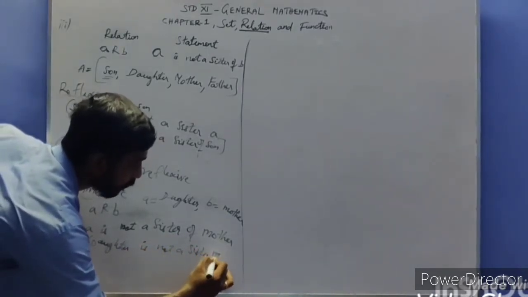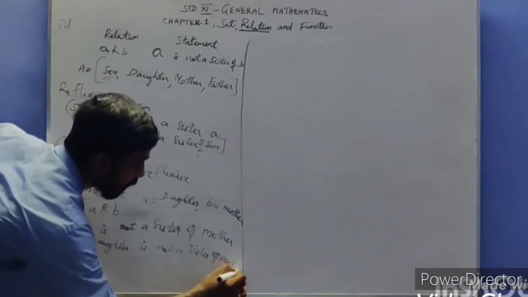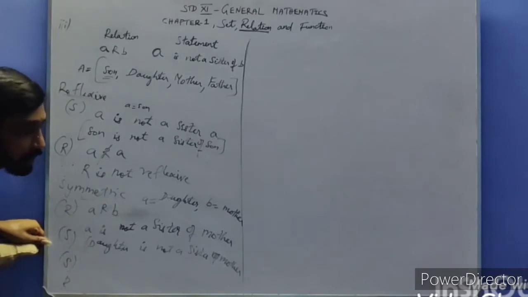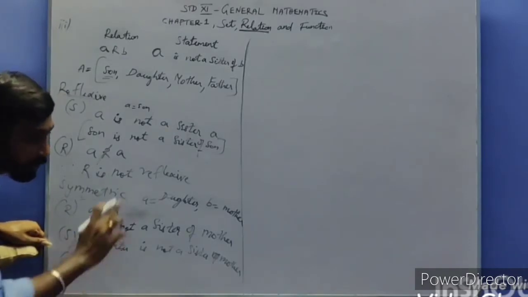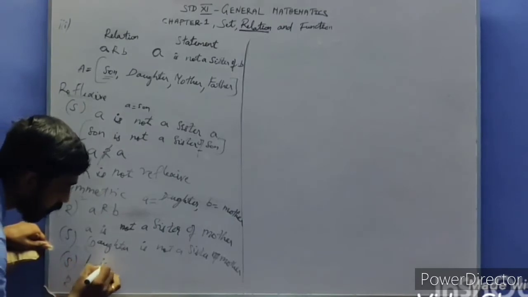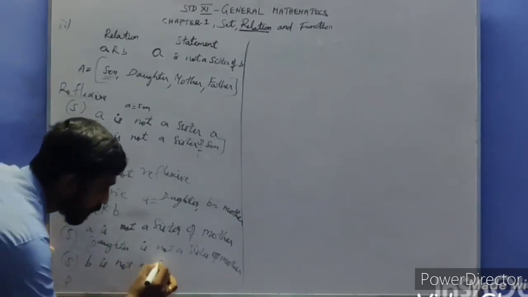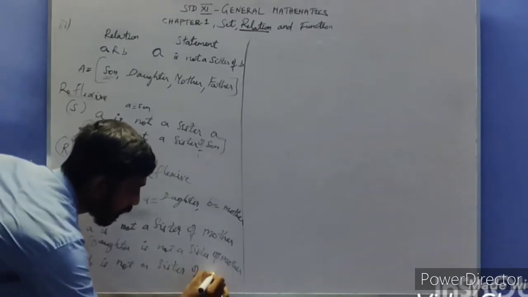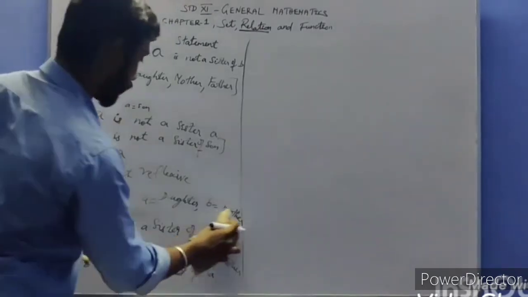This one is an example. The next statement: B is not a sister of daughter. B is not a sister of A.